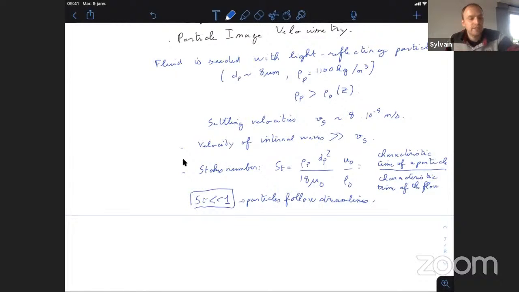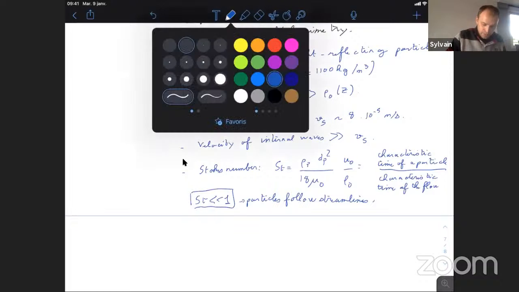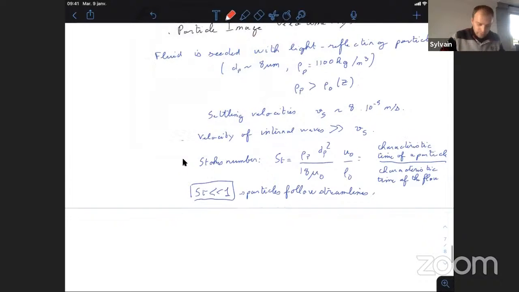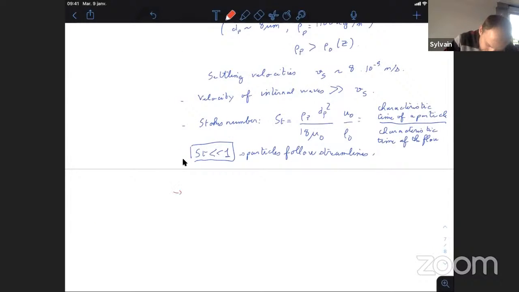So by measuring the motion of the particles, we can obtain the motion of the flow. We can have the velocity of the flow.